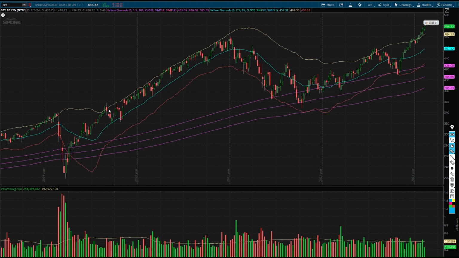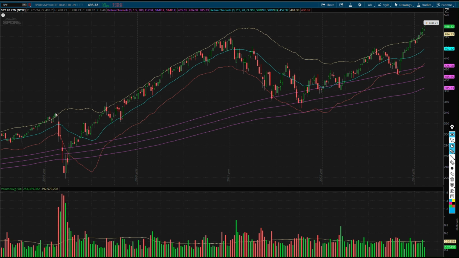So this indicates the market is trying to go faster than expected. Then it formed the double top and fell down for a few months.